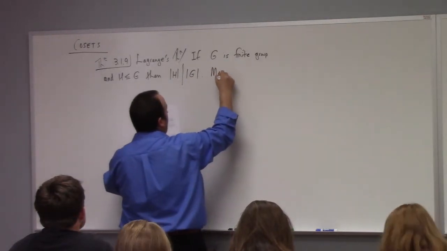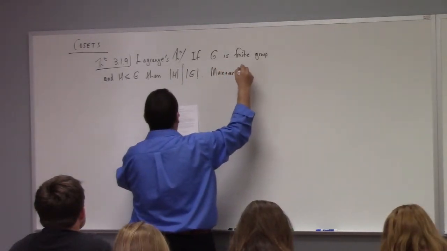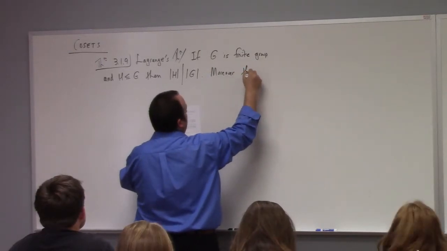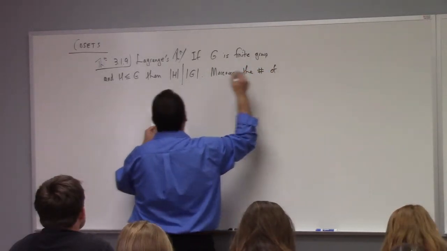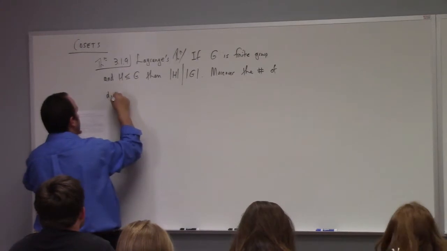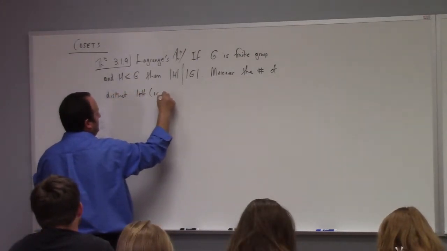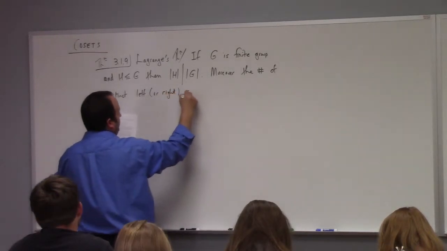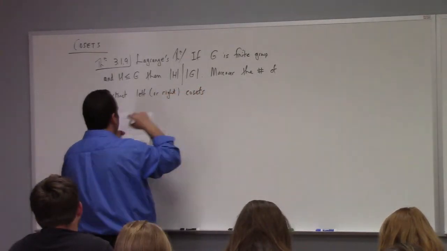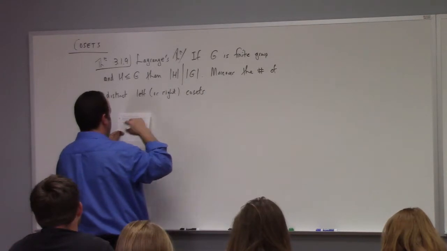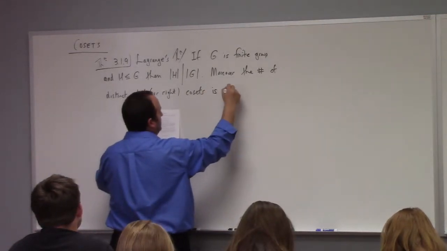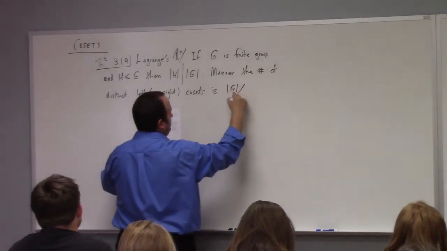Moreover, the number of distinct left or right cosets is the order of G divided by the order of H.